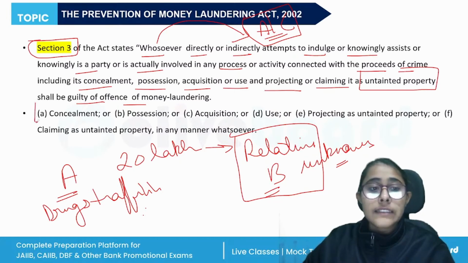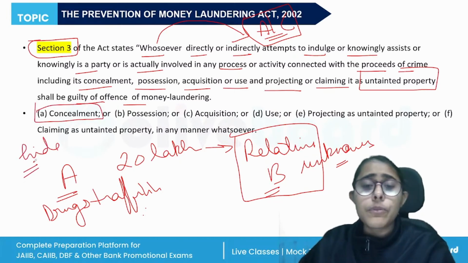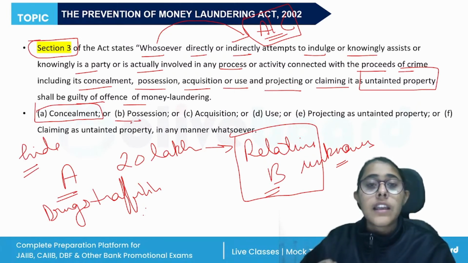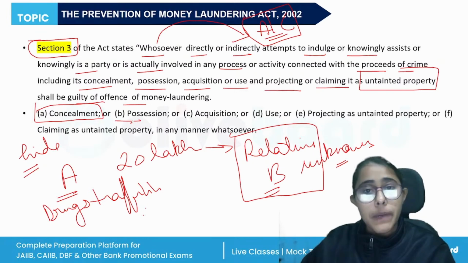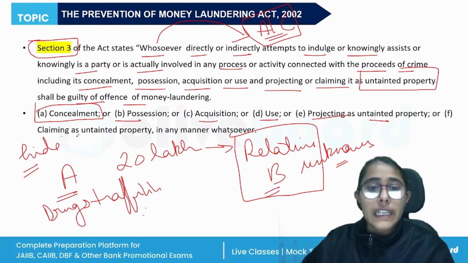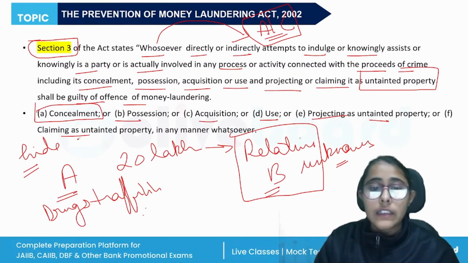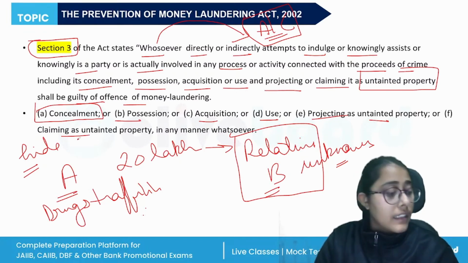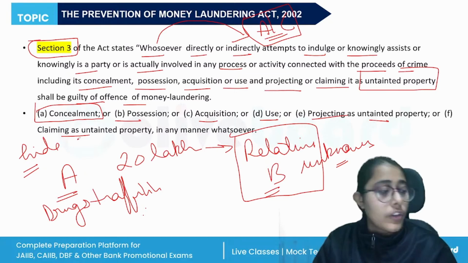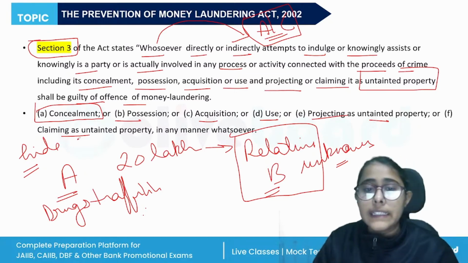If we are concealing, trying to hide any proceeds that are generated from an activity, possessing, let's say using the receipts that were generated to buy a property, acquisition of property, projecting as untainted property or claiming as untainted property, and if the required authority, the Enforcement Directorate, finds out that this activity comes under money laundering, then they will be held guilty.